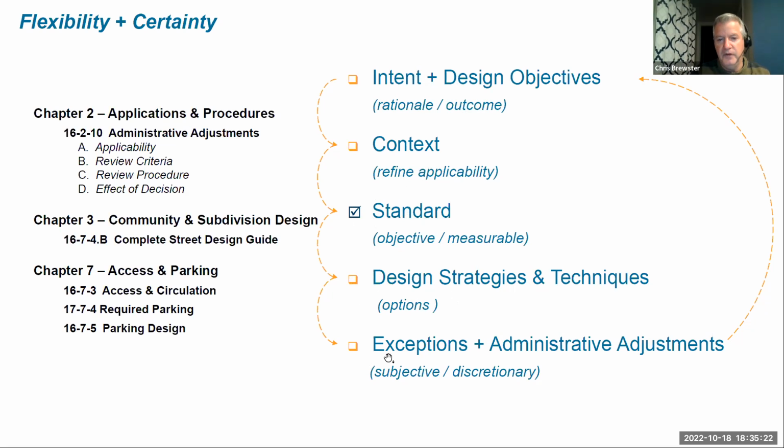And then lastly, if you can't do it, there's an administrative adjustment that swings you all the way back to, we only grant these if you're still meeting our intent and design objectives. So that kind of circular process is trying to get us the certainty of the standards here that are objective and measurable, but the flexibility of trying to meet different objectives with different techniques is the idea.